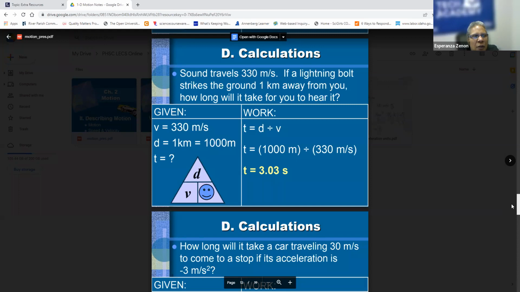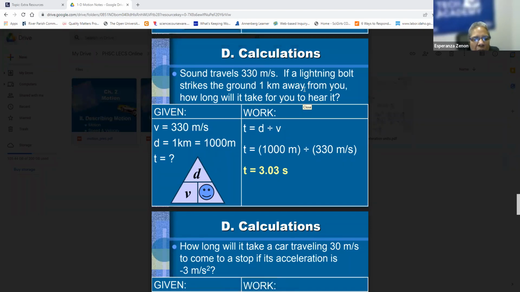How about noticing that the speed is 330 meters per second, not 330 kilometers per second. You have to have like units, right? You can't do it because the velocity is in meters per second. Correct, Nikki. Oh, Hosea, I saw it. Sorry. Yeah, Hosea says because the velocity is in meters per second. That's absolutely correct. So I need to convert my distance to meters so that I'm having like units. You know, I can't mix apples and oranges.